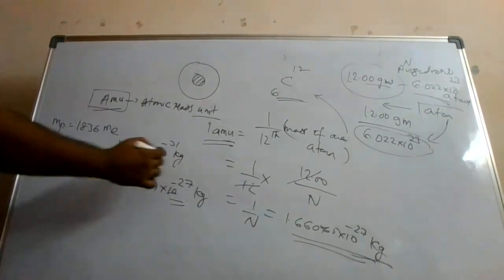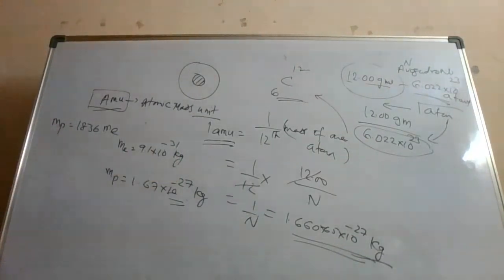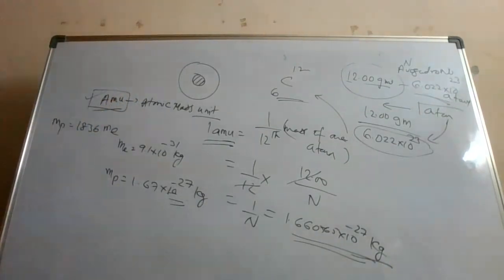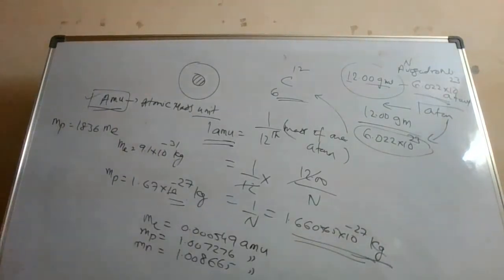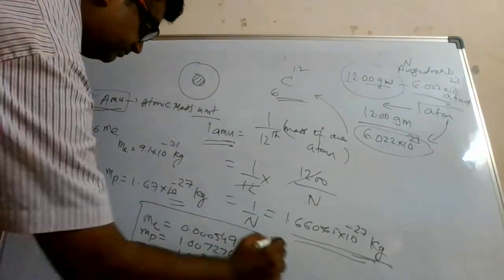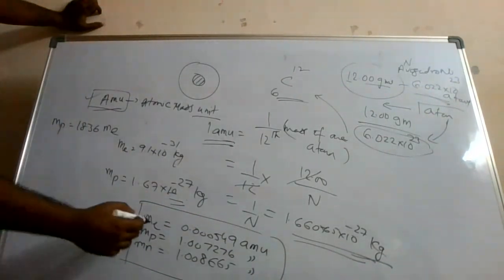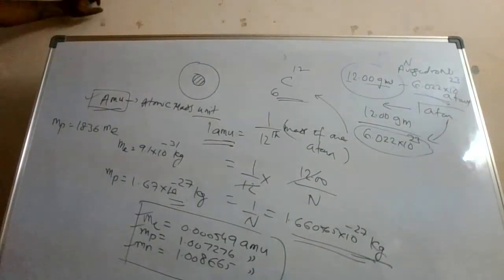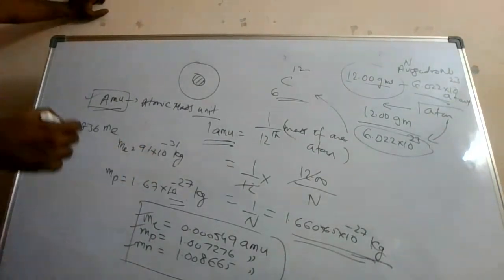This is 10 power minus 27 and this is 10 power minus 31. The mass of a proton and the mass of a neutron are almost comparable. So instead of writing like this, we are expressing this in terms of atomic mass unit. I have just noted down these values, you can remember this. These are the masses of electron, proton, and neutron in atomic mass units. I hope you have got an idea about what is atomic mass unit.